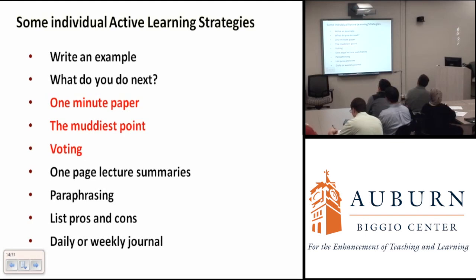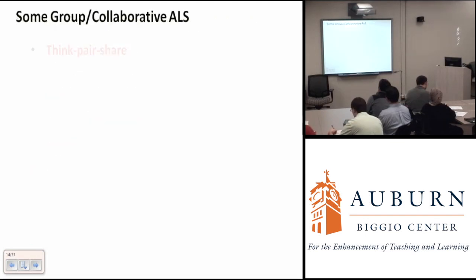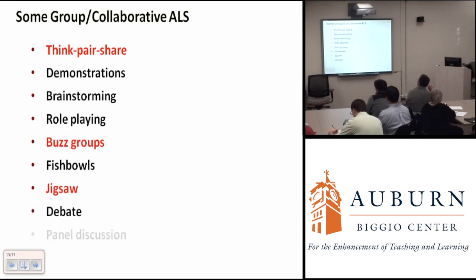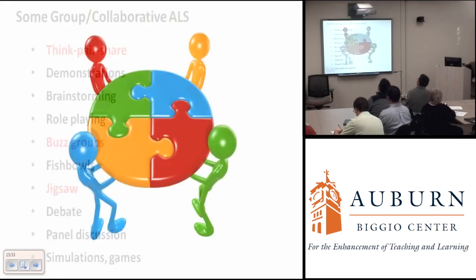That's a good audience. For the small groups, we have also think, pair, share, demonstration, brainstorming, role-playing, buzz group, fishbowls, jigsaw, debate, and panel discussion. How many of you know any of these? You tried any in your classroom? Okay, good. So you can help.